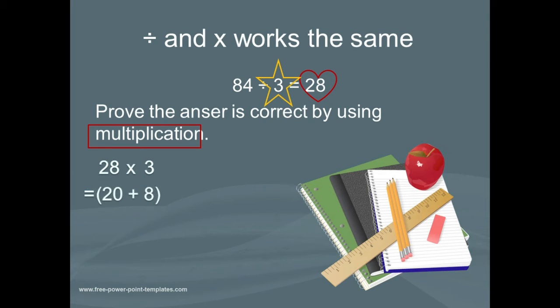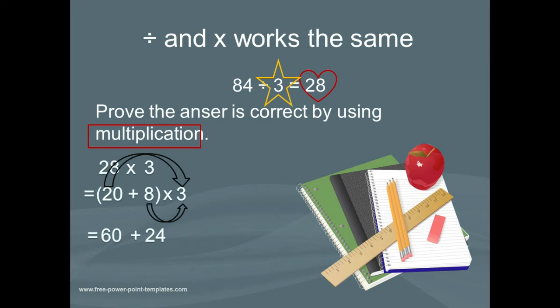I'm going to make it easy for myself and break it down. I say 20 plus 8 gives me 28, and I need to times that with 3. The first thing I need to do is times my 20 with my 3, and that will give me an answer of 60. Then I times my 8 with my 3, and that gives me an answer of 24.